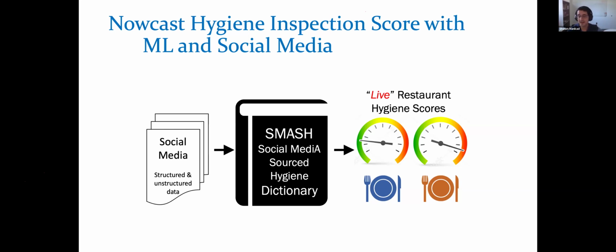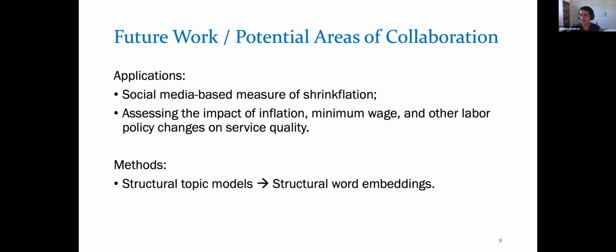I really enjoyed working on this, and I would love to continue working on papers like this, where there's a text mining piece to it, and an economic and policy piece to it.